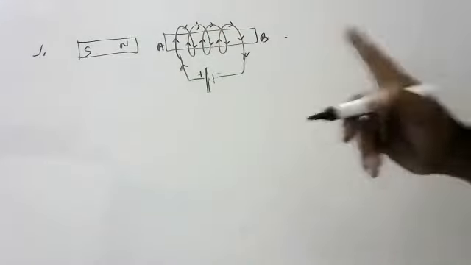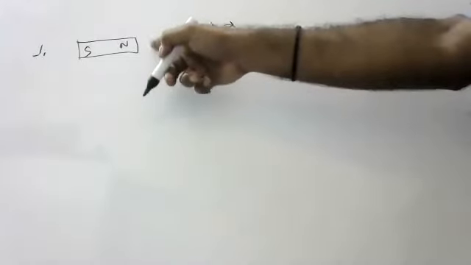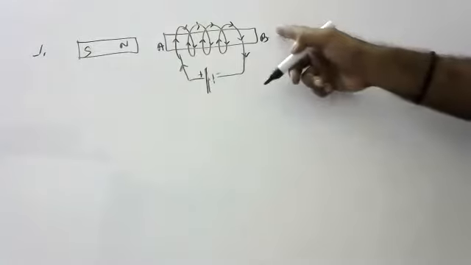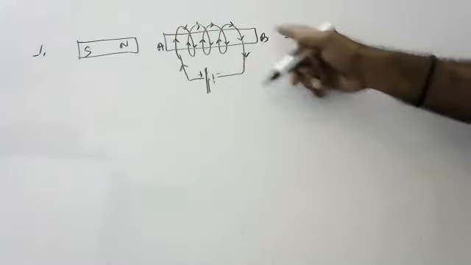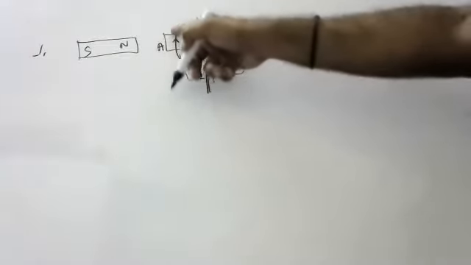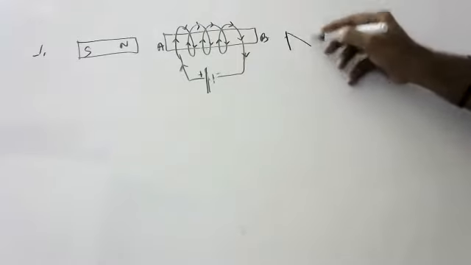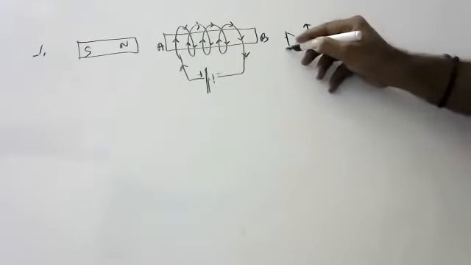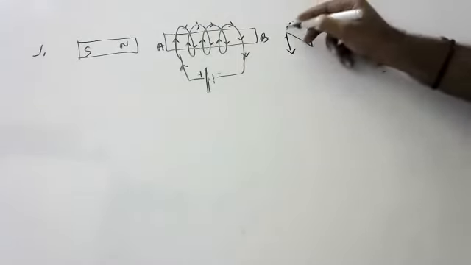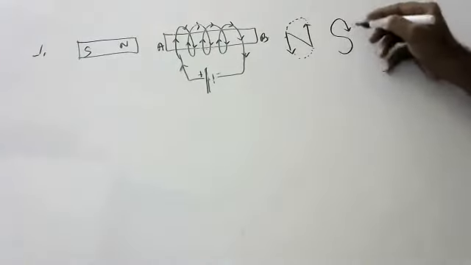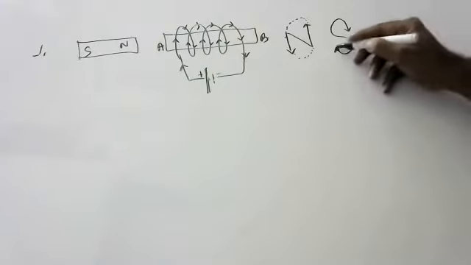Children, always remember, if you see from this side, it will be clockwise, and if you see from the other side, it will appear anti-clockwise. Always remember: north means anti-clockwise, south means clockwise.